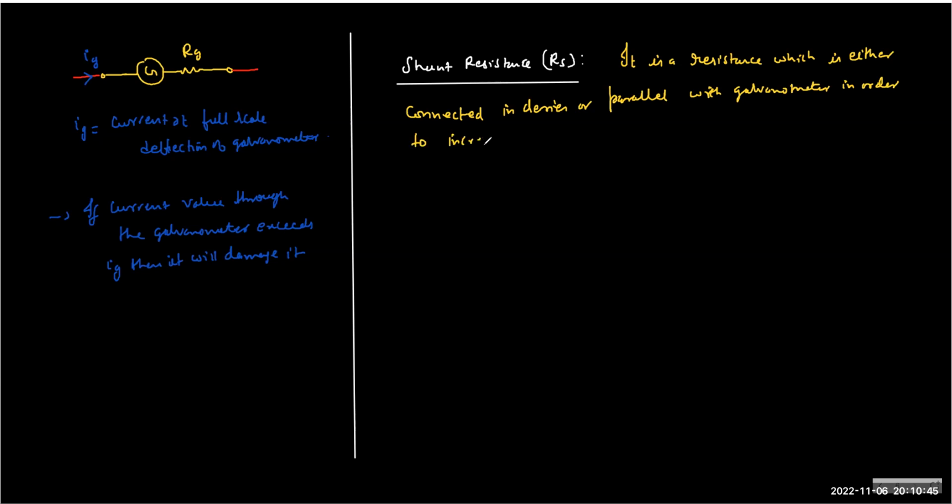You may decrease, but our intention is to increase its range of operation. So we want to achieve some range of operation. The first device of practical usage that we would like to learn here is called ammeter.